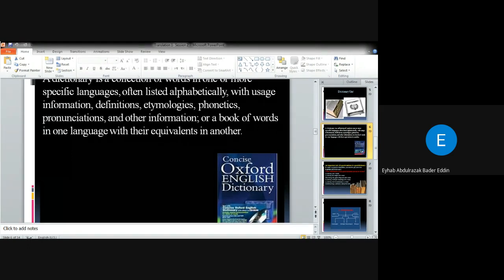So this is an actual page from a dictionary. As you see here, this is called entry or entry word. الكلمة التي تكشف عنها في القاموس, when you look up a word, نسميها entry or entry word. Okay? This is the pronunciation key. These are the phonetic symbols. So you can have a look at the first page of your paper dictionary to see the key of pronunciation.